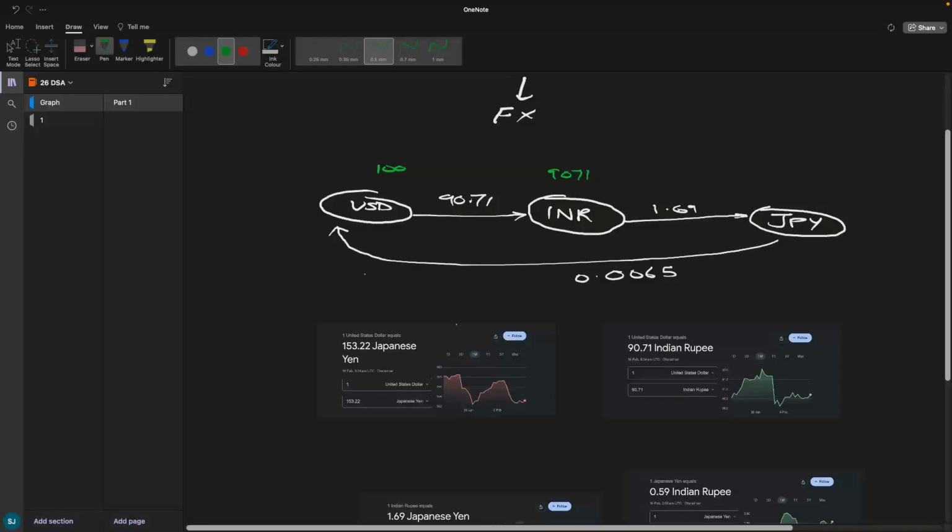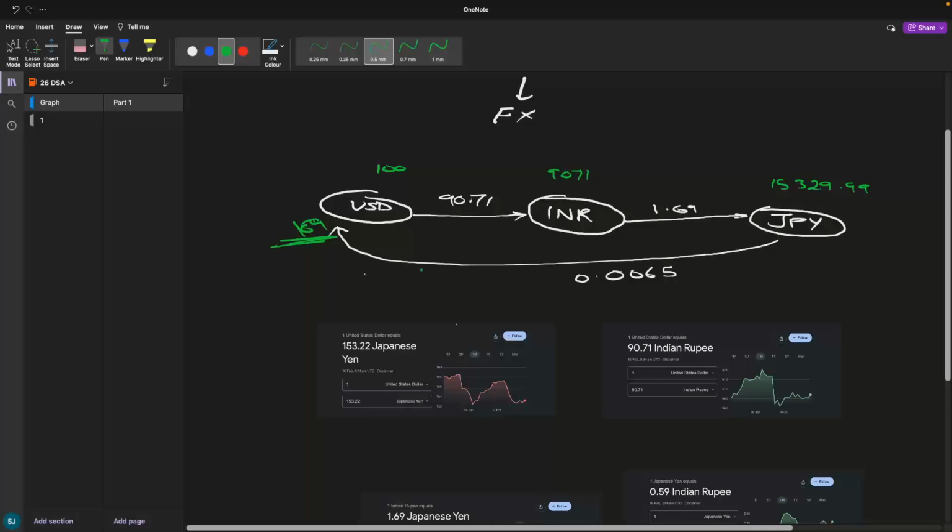That would be 15,329.99 yen. Now, if we were to convert this many Japanese yen into US dollars, right? That would be, guess what? That would be 169 US dollars.